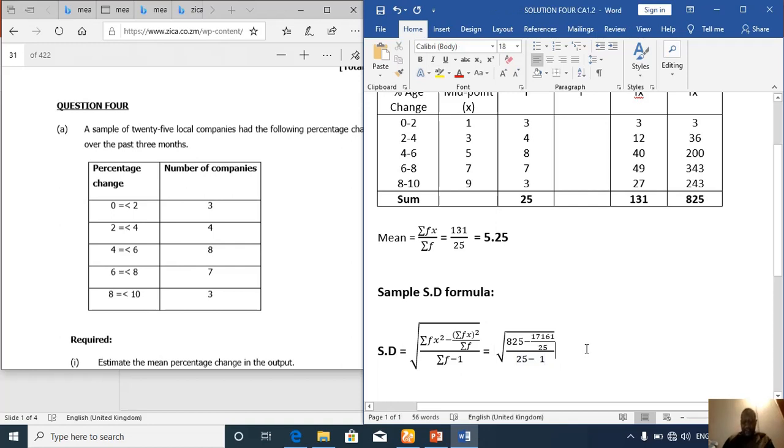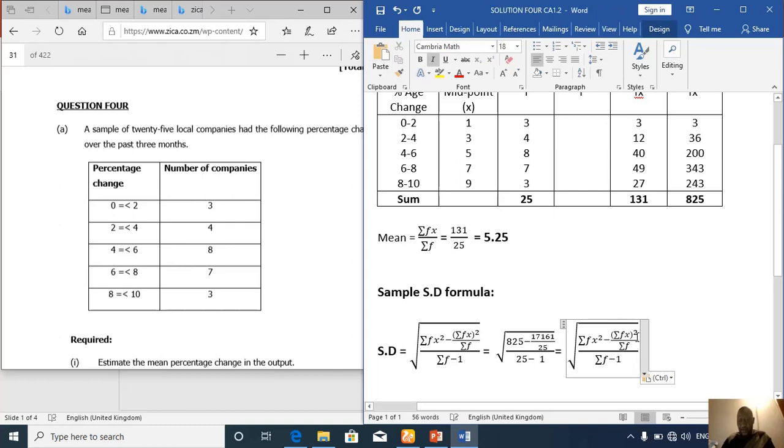So that working, putting those values into your calculator, you must have something like this. Everything here on top is going to be your 17,161 divided by 25. 17,161 divided by 25 is going to give you 686.44.